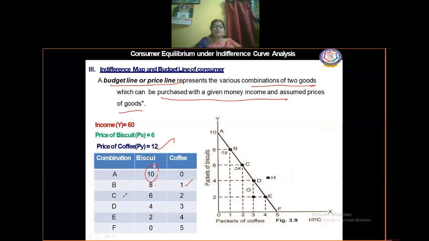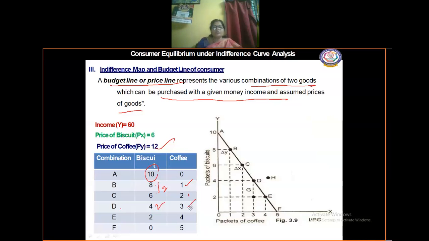Then for the combination of B to C, you can see that he has sacrificed 2 more biscuits to gain 2 packets of coffee. That is one increase in coffee packet. Then he had to sacrifice from C to D combination 2 biscuit packets further to gain 1 more coffee packet.